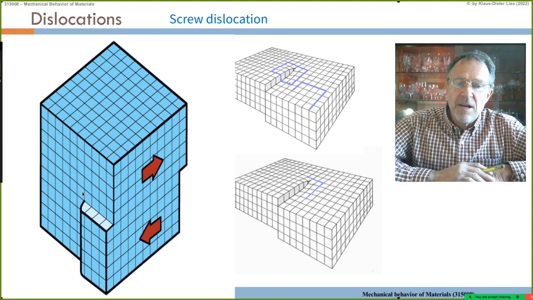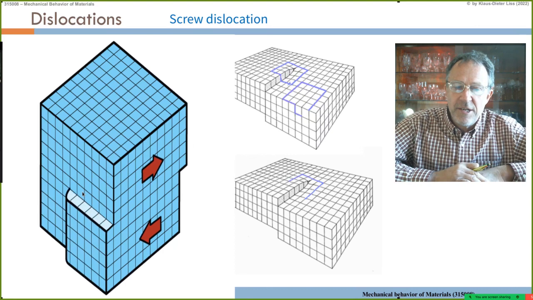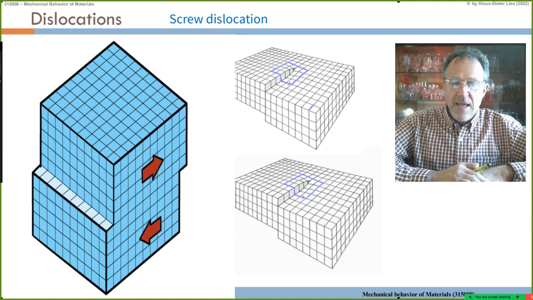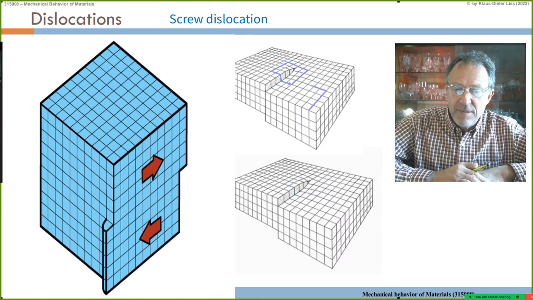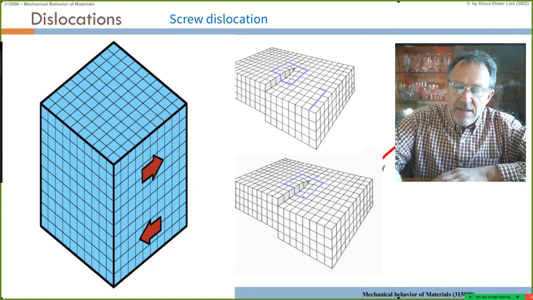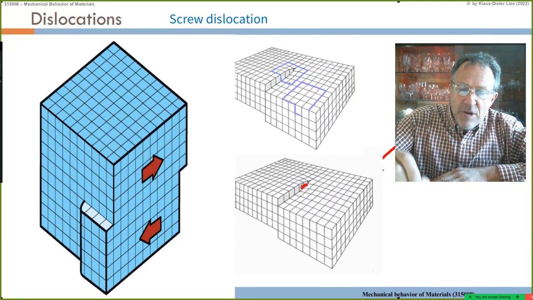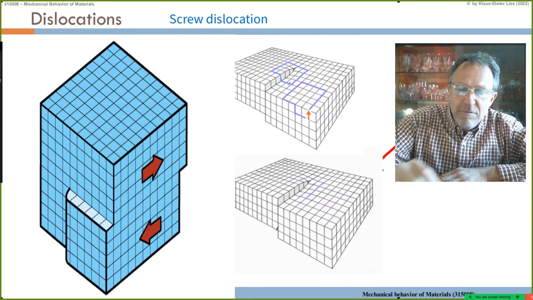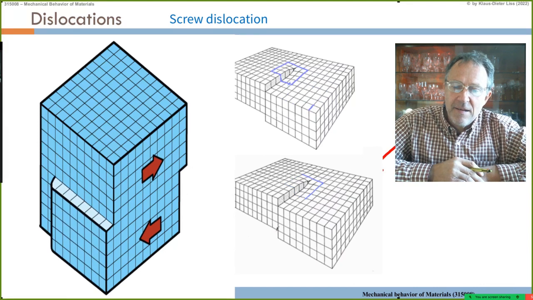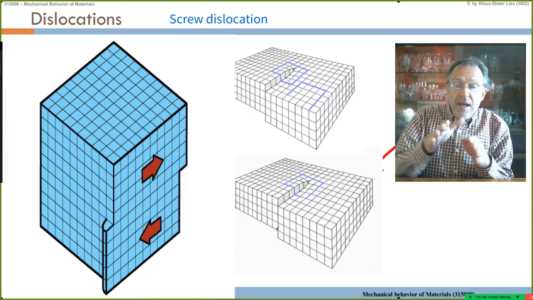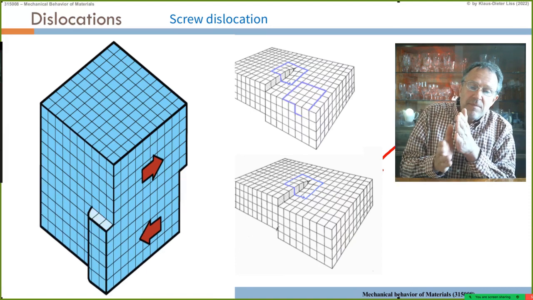I'd like to come to the other type of dislocation, namely the screw dislocation. In the screw dislocation, you take the perfect lattice and you cut it just halfway, like cutting a piece of cheese or tofu, and then you skew it.